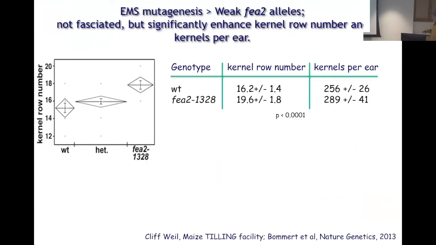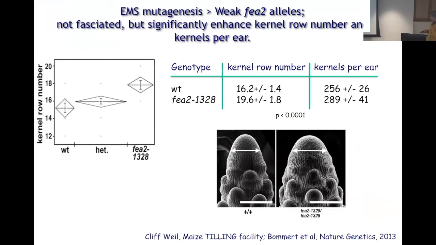And for at least two of them, but one was more dramatic, we found that indeed, in these weak alleles of Fea2, we do get an increase in kernel rows from an average of about 16 to an average of about 20, which is quite dramatic. A lot more kernels per ear, and everybody was excited about this.